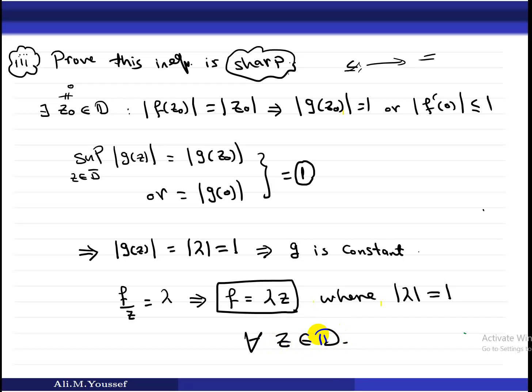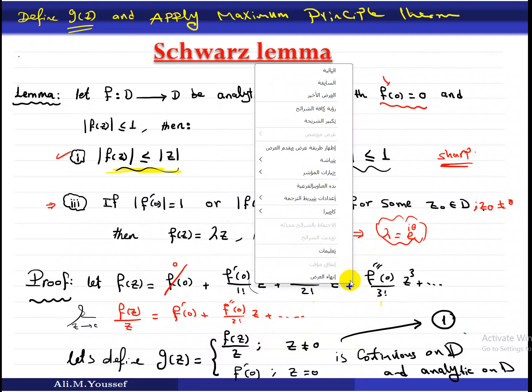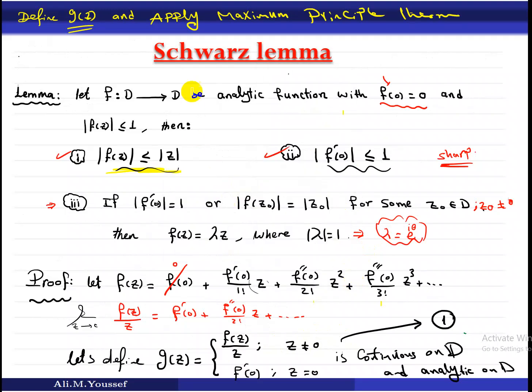So the first result is we have the function, an analytic function, and we have the assumption f of 0 is equal to 0. It's a very important assumption. So we have three conclusions. But now there are consequences of this assumption.